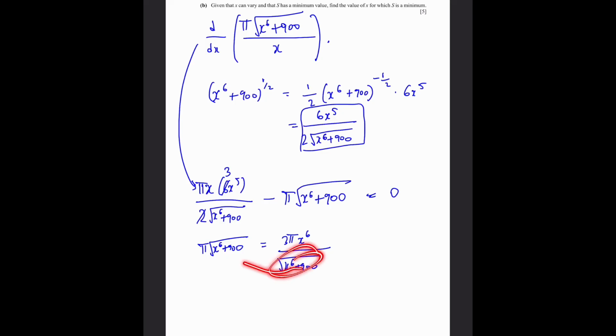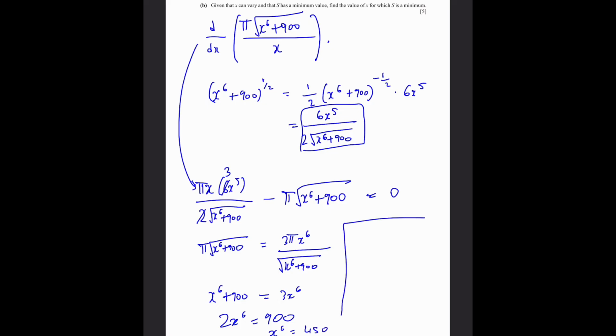So when you bring this to this side, when you multiply these two, we just get x to the power of 6 plus 900, and we divide here, we'll get x to the power of 6 plus 900 is equal to 3x to the power of 6. This means that 2x to the power of 6 is 900, x to the power of 6 is 450, and therefore we have found the answer as x is equal to the 6th root of 450.